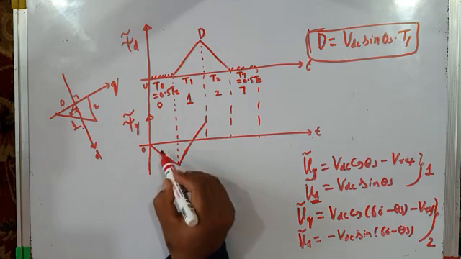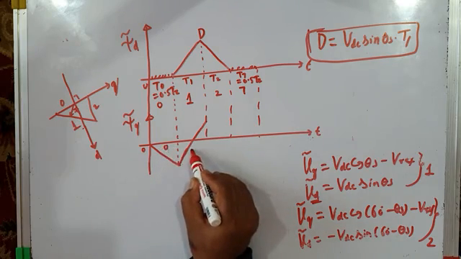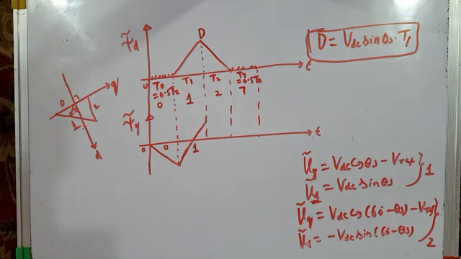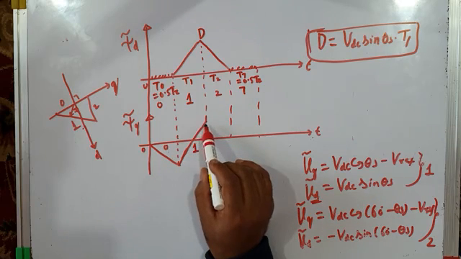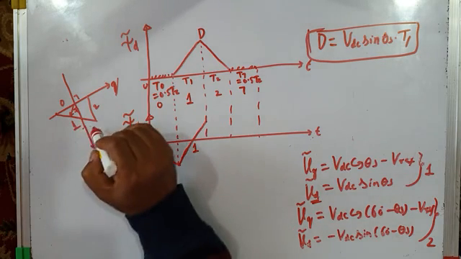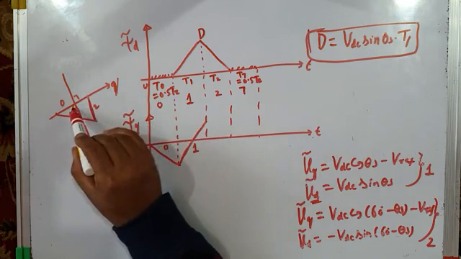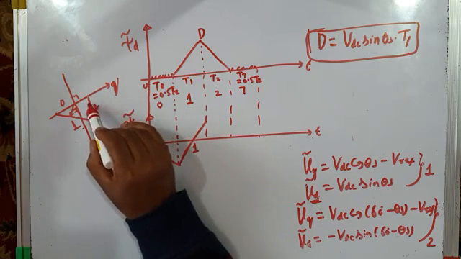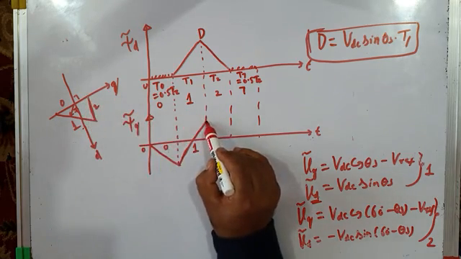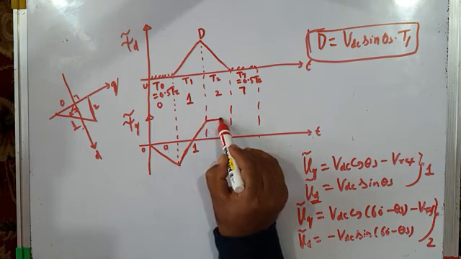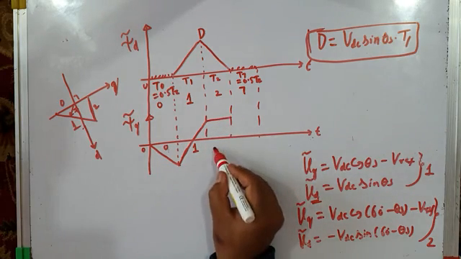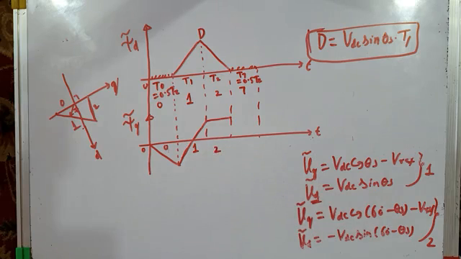So this is when null vector 0 is applied, and this is when active vector 1 is applied. This is the q-axis component of the stator flux ripple vector. After that we apply active vector 2. When active vector 2 is applied, the q-axis component is more or less constant. It grows very slowly, it's almost constant.